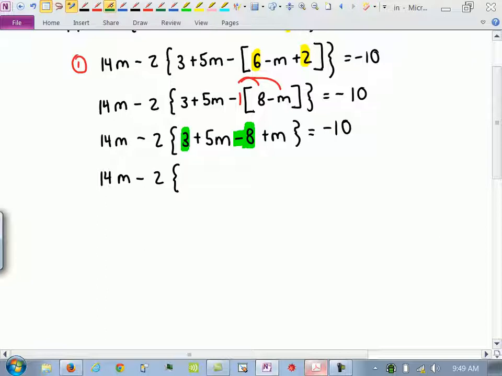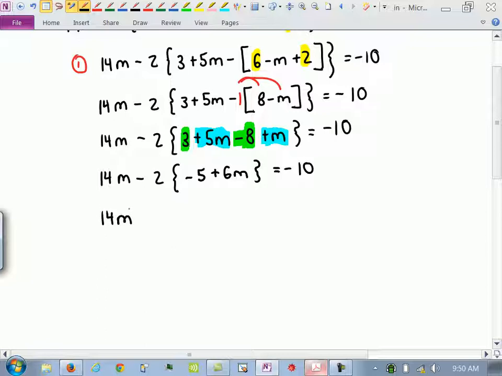Okay, so what is 3 minus 8? -5, right? And then what's the 5m plus the m? 6m. And close the brace equals -10. Okay. So 14m.